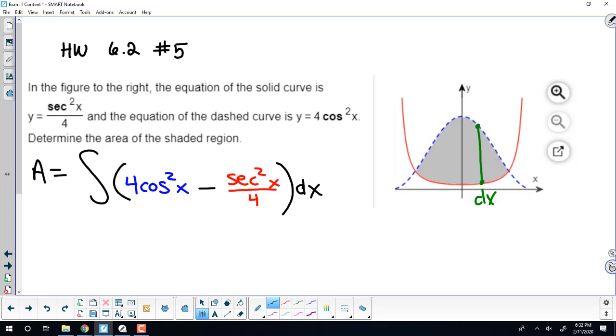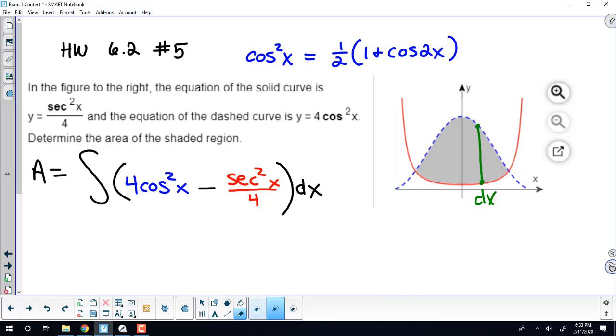Does that look all right? Minus the bottom. We can integrate both of these. Again, cosine squared, we would just use the identity. And secant squared is an unknown antiderivative?